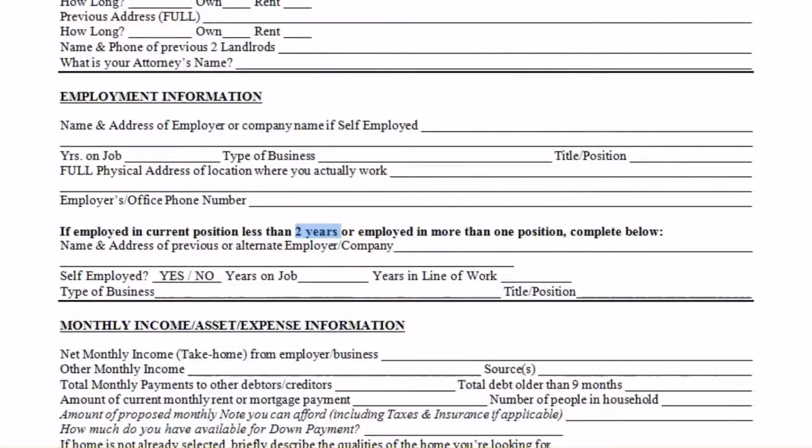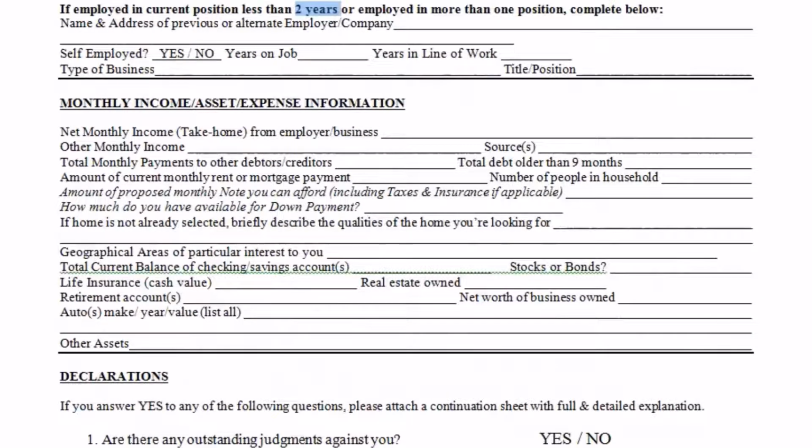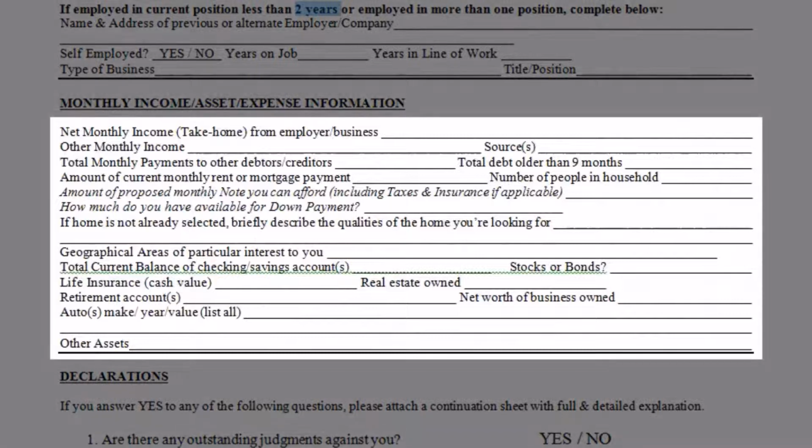Okay, so let's just skip a bit down to here. Monthly income, asset, expense information. Net monthly income, that's the take home from their employer or their business. And this you should clarify to them, this is your total take home, what you actually get on your check. And yes, it can include child support if they get that regularly.